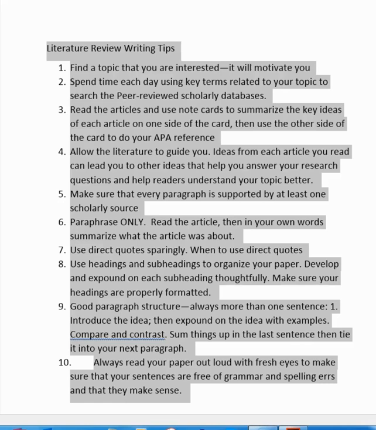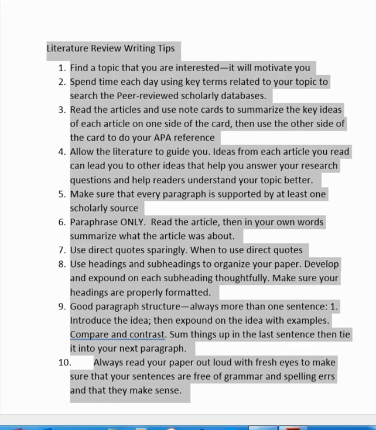It's a good idea these days to save the articles on your hard drive and use a reference later, but it really helps you stay organized when you can just say, hey, this article talked about this on one side of a note card, and then on the other side you can use an APA reference. Of course, whatever process works best for you, but organizing note cards helps you organize your paper as you get into it.